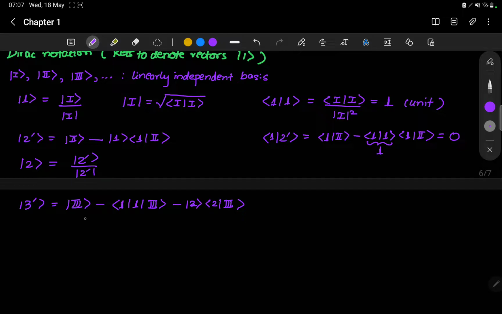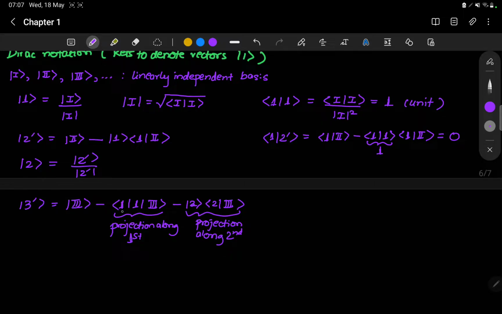So we have taken the third vector, subtracted its projection along first, this one is the projection along second, and this is the third vector. So we have subtracted the projections along each of the previous vectors.